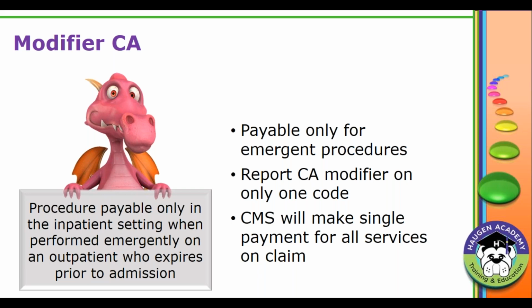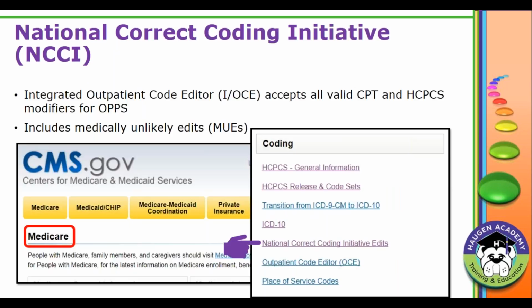So they stabilize the patient and transfer them to another facility who can better care for them before the patient gets admitted. In those two situations, you can code the inpatient only procedure and put a CA modifier on it, and then CMS will give you a single payment for the entire claim. But make sure that it meets one of those two criteria, otherwise you could be running into some compliance trouble.